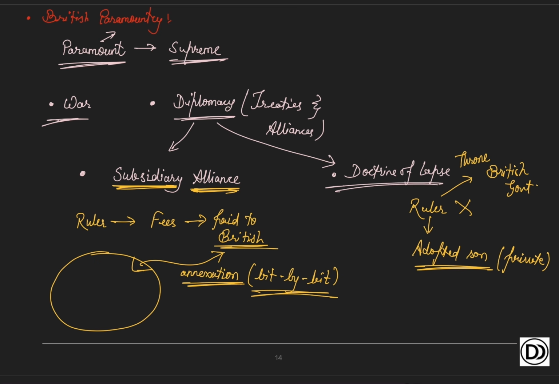So in this way, the British are taking the entire territory of the ruler. Here it was bit by bit, now here it is entire territory. So this is diplomacy, more effective, more efficient, and that is why this policy of Doctrine of Lapse became so infamous.